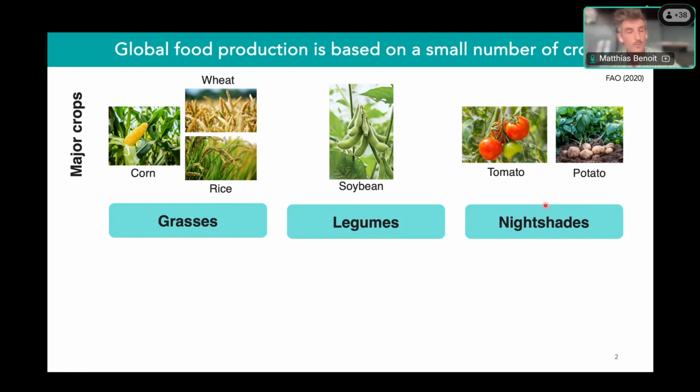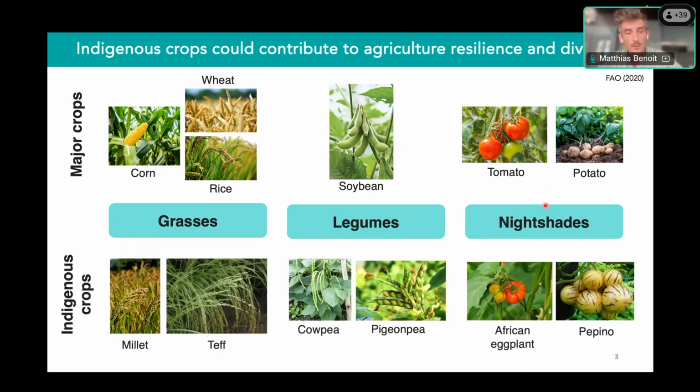One way to do that would be to include more diverse types of plants in our food crop production. One nice opportunity comes from the so-called indigenous crops. Indigenous crops are heterogeneous groups of plants that are largely related to the major crops, but that are bred at a much smaller scale in specific locations, and usually have undergone much less breeding and domestication.